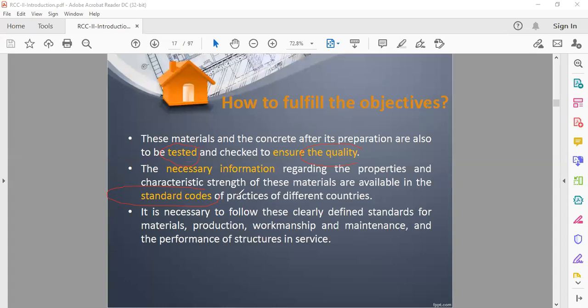Even if you see construction on the road, or construction of major apartments or likewise, they have to follow such norms, they have to follow the testing, they have to follow the quality. It's very important. So, according to the IS code, the Indian Standard code, you have to follow this norm for material, for production, for workmanship, maintenance, and performance.